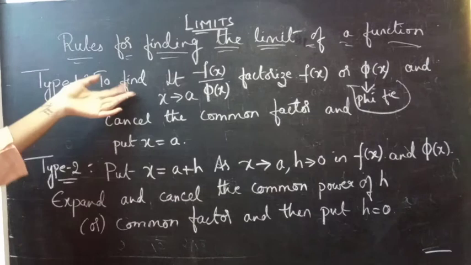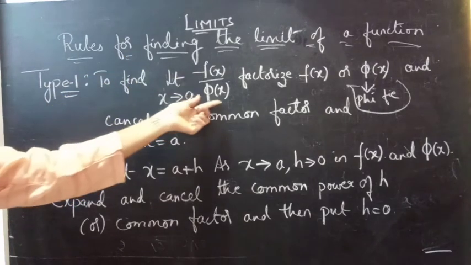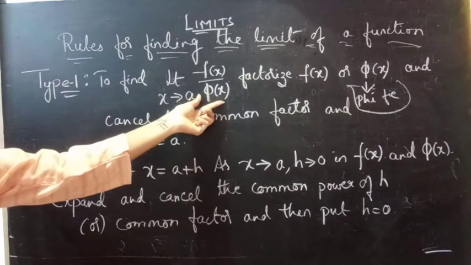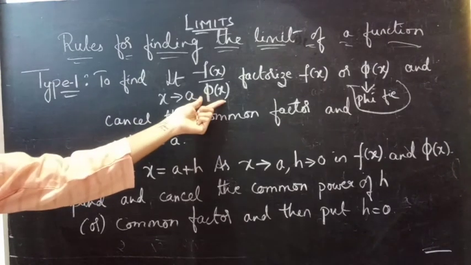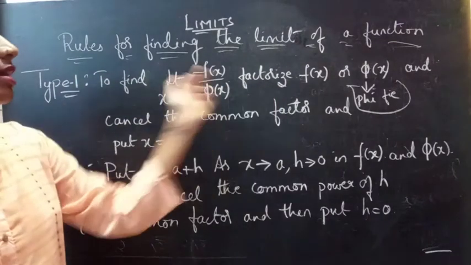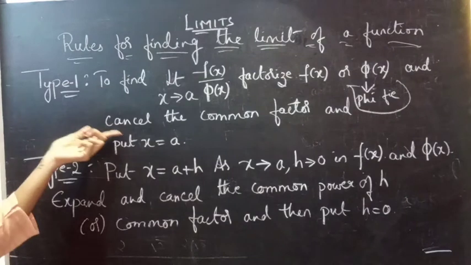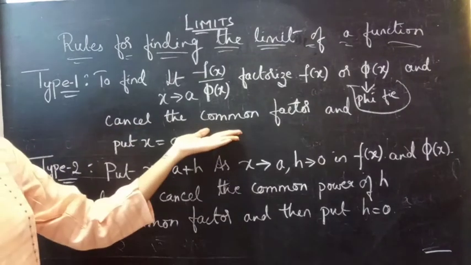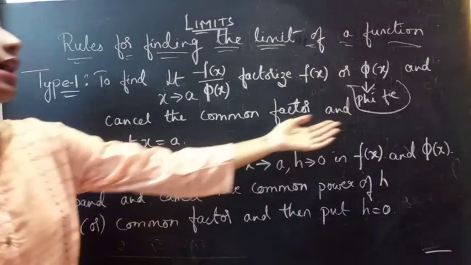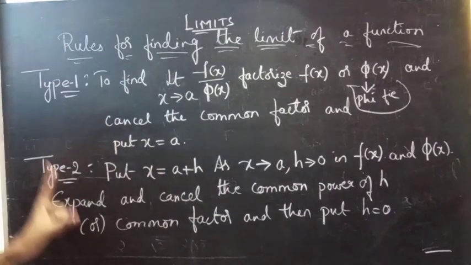To find limit x tends to a f of x by phi of x, factorize f of x or phi of x and then cancel the common factor and put x equals to a. So this is type 1.